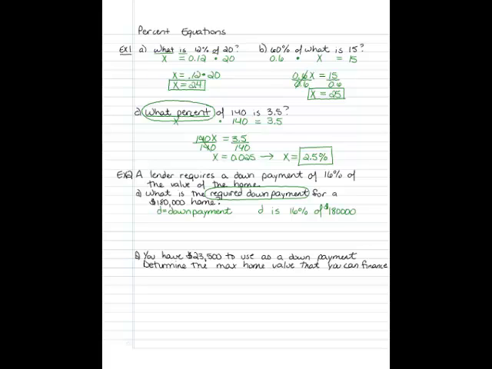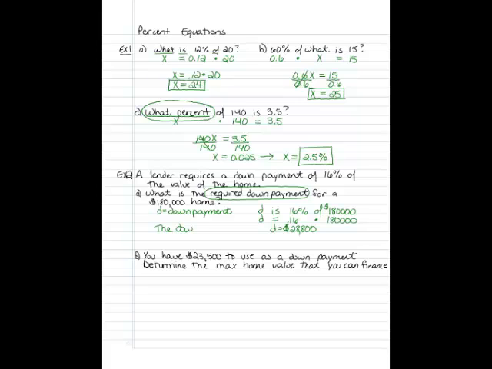That's what this problem translates to. So translating this into an equation, D is equal to 0.16, converting that to decimal form, of $180,000. Multiplying this out, D is equal to $28,800. Writing our answer in a complete sentence, the down payment would have to be $28,800.